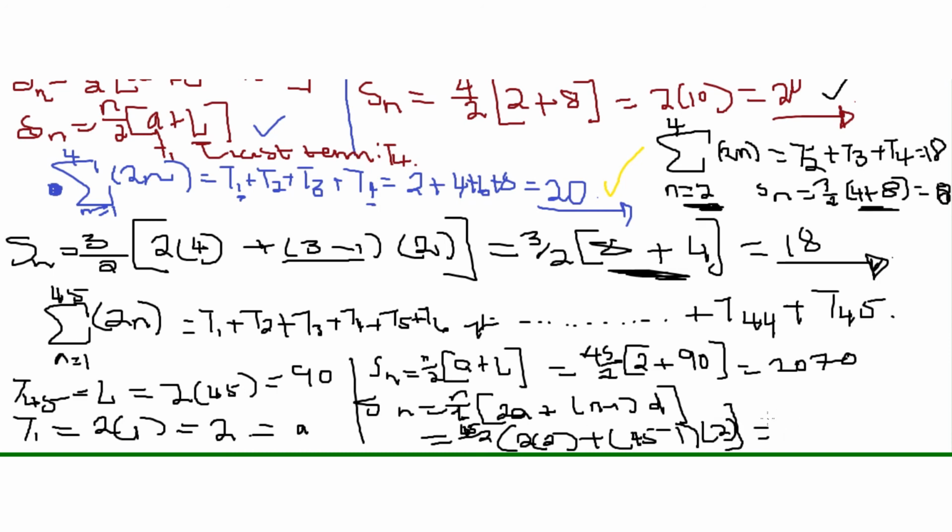Then with that you end up with 45 over 2 into, this becomes 4, 2 times 2 is 4, plus 45 minus 1 becomes 44, 44 times 2 becomes 88. Then 88 plus 4 becomes 92, 92 times this clearly will give you 2070, unless my calculations are wrong.